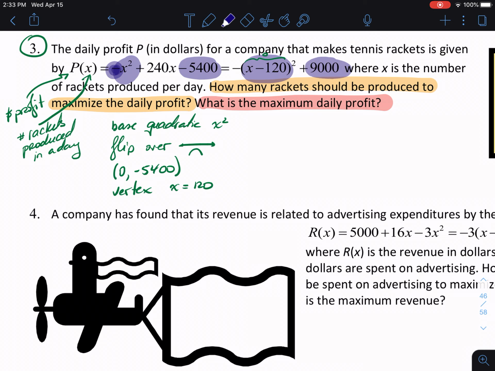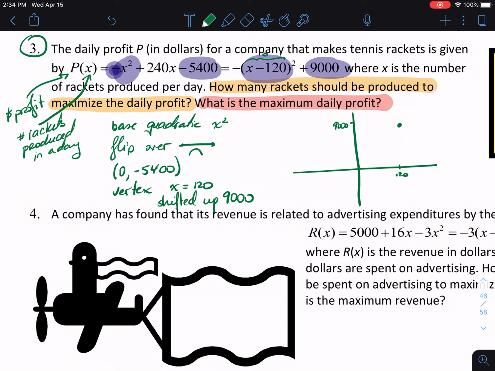And finally, the vertex is going to be shifted up 9,000. Okay, so let's see if we can draw all of this together. So first of all, it's going to be an upside down parabola. The vertex is going to be at 120 and shifted up 9,000. So this will be the vertex.